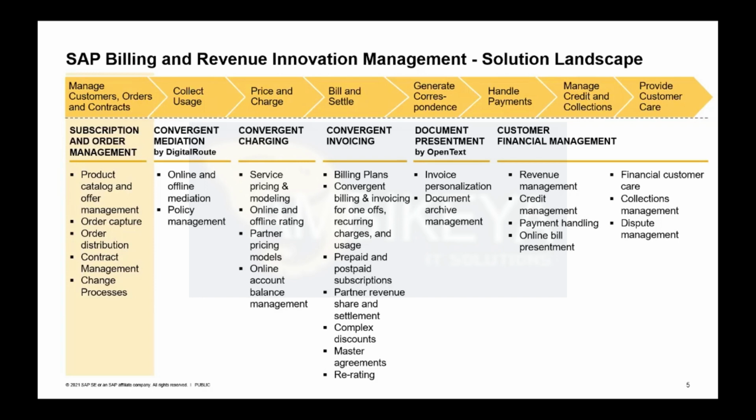The next is then the convergent mediation. This is delivered by our partner Digital Route. With convergent mediation, we collect from different network components or different usage types the usage data records and we make them handleable for convergent charging.